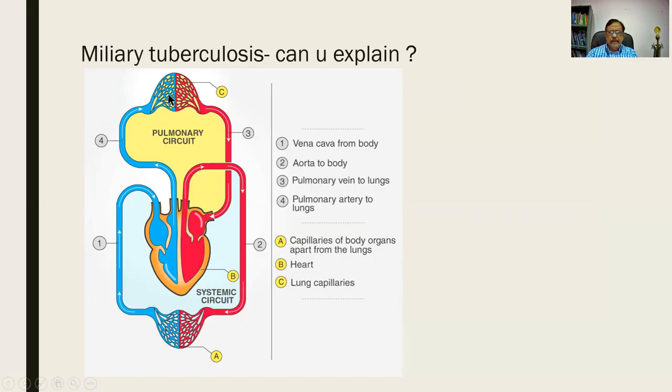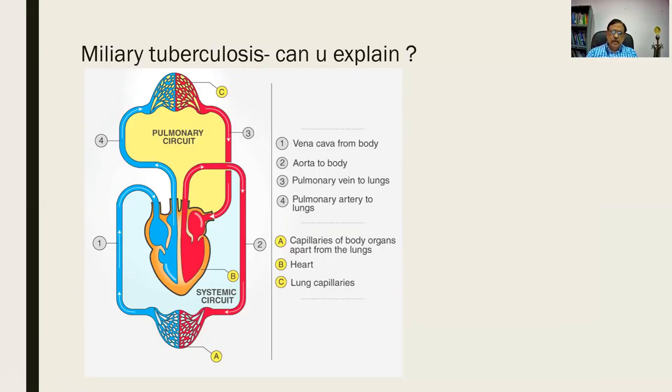Sometimes the bronchial vein, and then it can go to the right side of the heart. From the right side, through the pulmonary artery, it goes only to the lungs. So that is called a pulmonary miliary. So first is a systemic miliary, second is a pulmonary miliary. And if there is going to be a lymphatic drainage, that also goes to the right side of the heart, from the right side, pulmonary artery to the lungs.